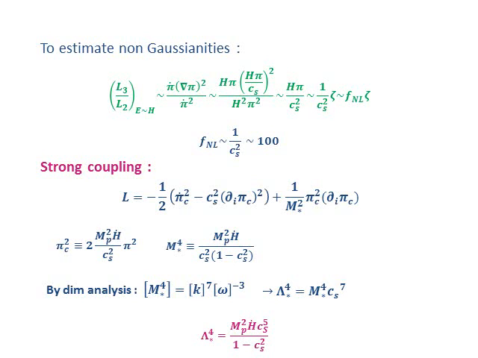So if we want a small speed of sound, and the energy scale of our theory to be much less than the strong coupling scale, we need Cs to be greater than 0.003.